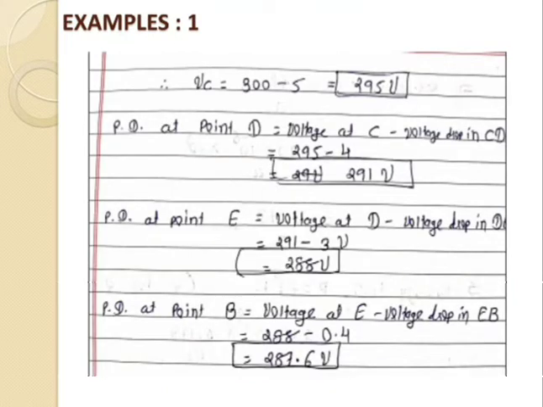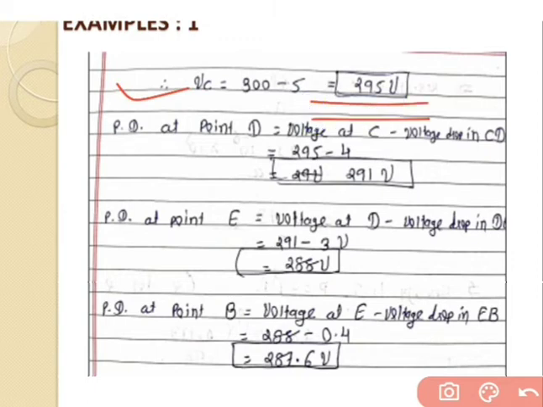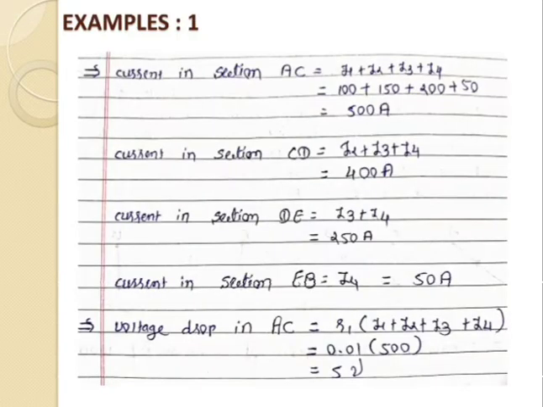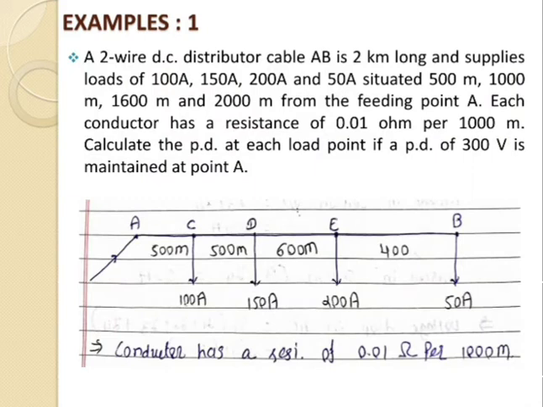So we get VC is equal to 295 volt. This is the voltage at point C.